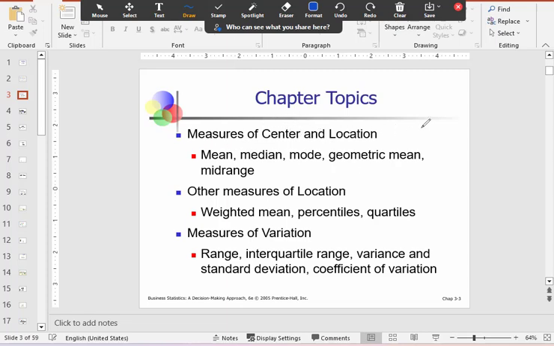The first tool that we are going to study will give you one number that describes the center of the data, or it will tell us that this number is at a certain location in the data. So what are the advantages?